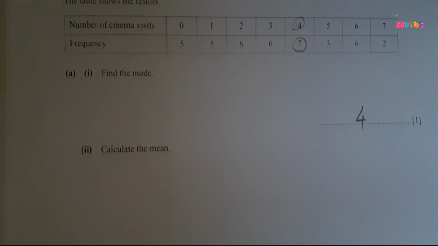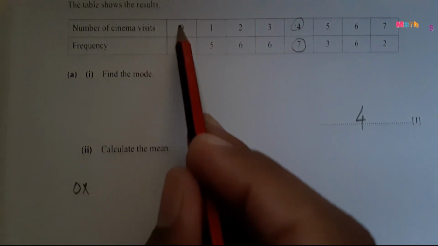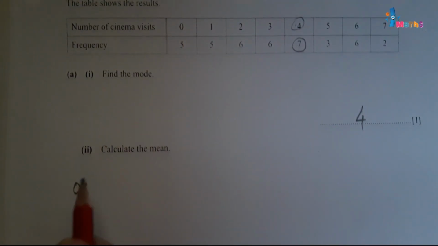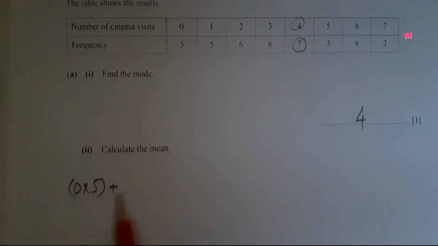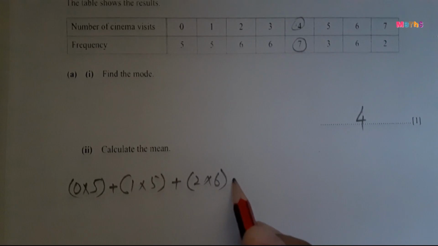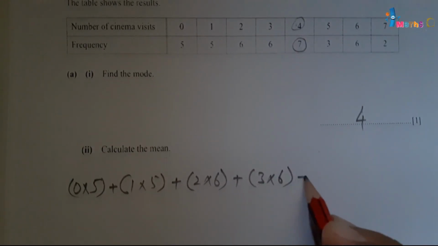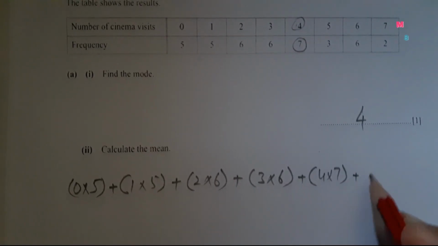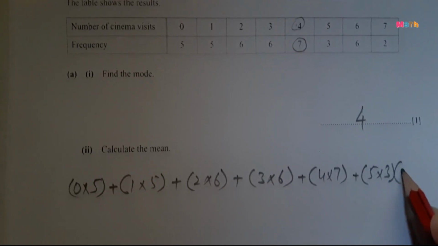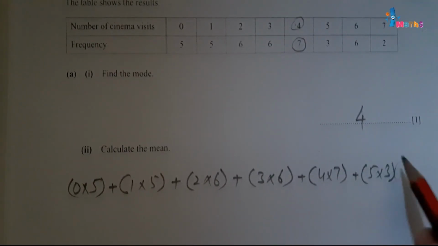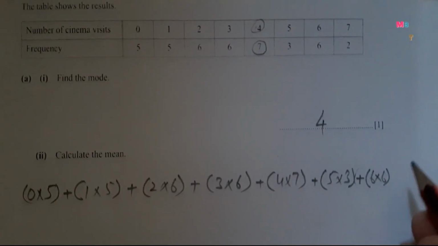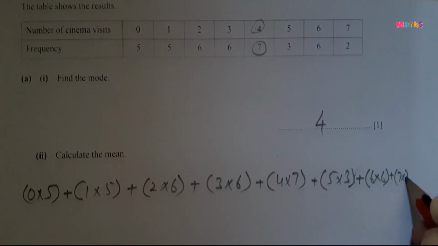Now calculate the mean. For the mean value, we will write 0 multiplied by its frequency in brackets, plus 1 into 5, plus 2 into 6, plus 3 into 6, plus 4 into 7, plus 5 into 3, plus 6 into 6, plus 7 into 2.